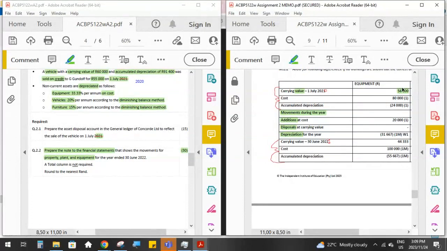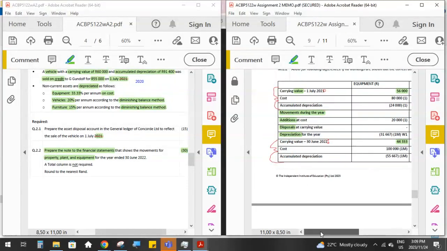We are reconciling the carrying value of the assets at the beginning of the year to the carrying value at the end of the year by using this note to show the readers of my financial statements all of the movements that took place during the year. And the only movements you guys have to worry about are, what did I buy, what did I sell, how much did I depreciate my assets for? Okay. So this you've got to memorize. What takes place in my note.